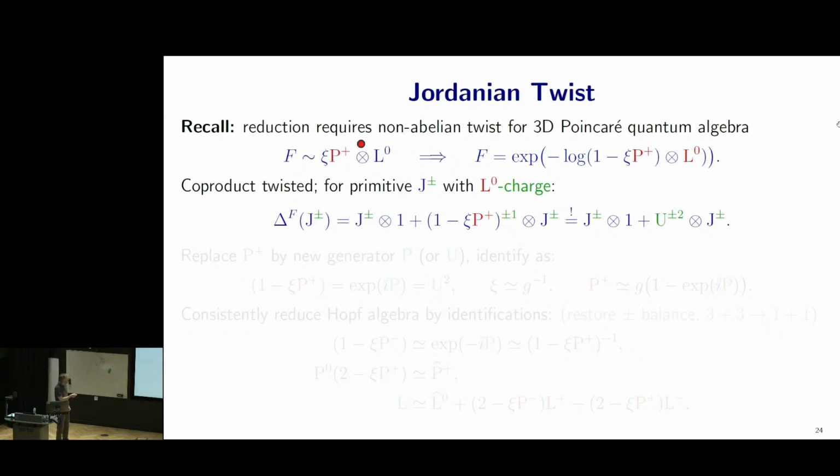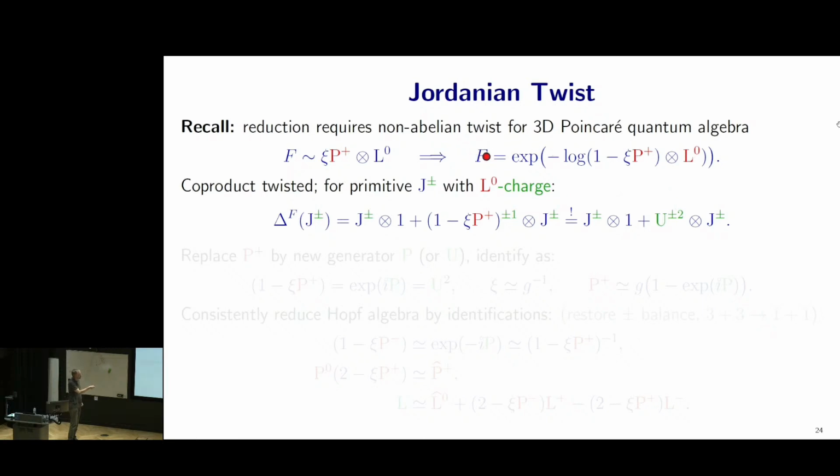It's a combination of a P plus generator, momentum, and the L0, the Cartan generator of the rotation. So it's a rotation around the z-axis, or, well, actually the energy. But it's a particular kind of twist. It's a non-abelian twist, and it's actually a Jordanian twist that we heard in Sibylla's talk.